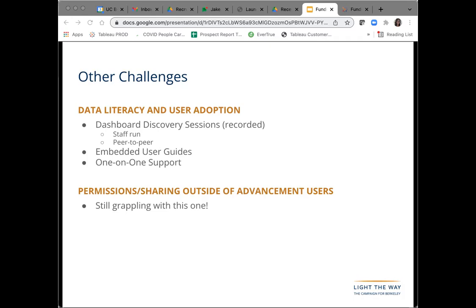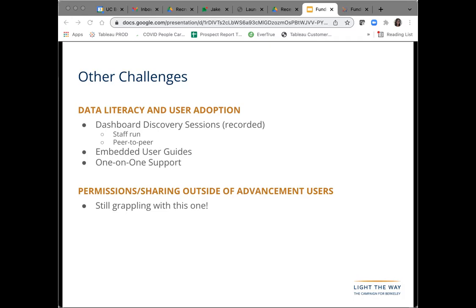The user guides we want to embed just really for us to understand too what these things are, because we're producing a lot of them and it can get confusing over time. What definitions are, how to use it, what we meant for it to do. So those are good for our users, but also for us. And then I'm still telling my team, we need to do one-on-one support when people need it.